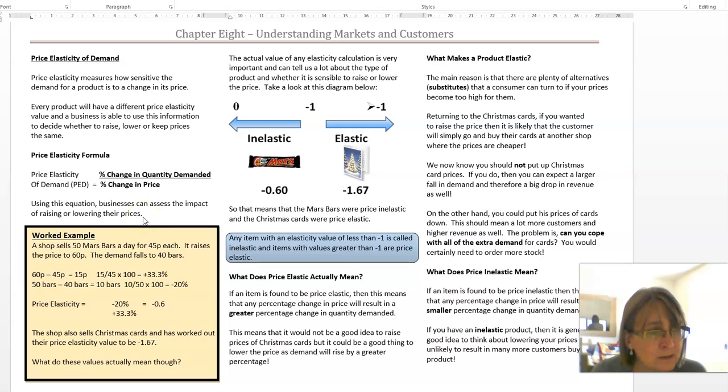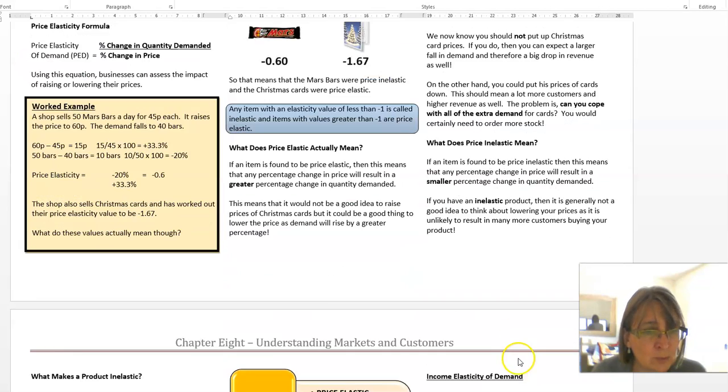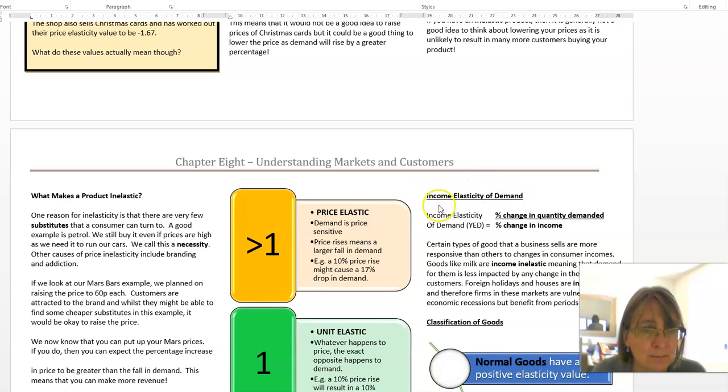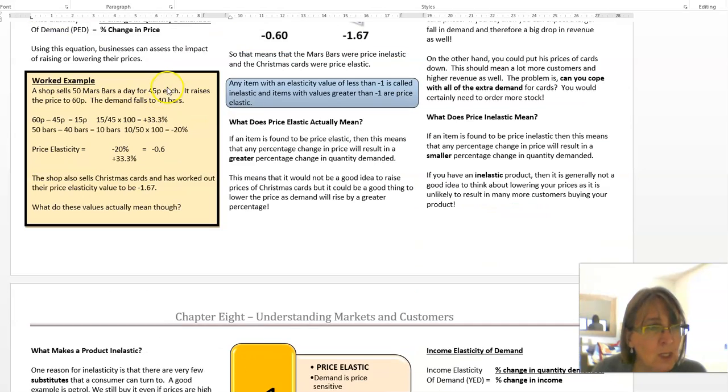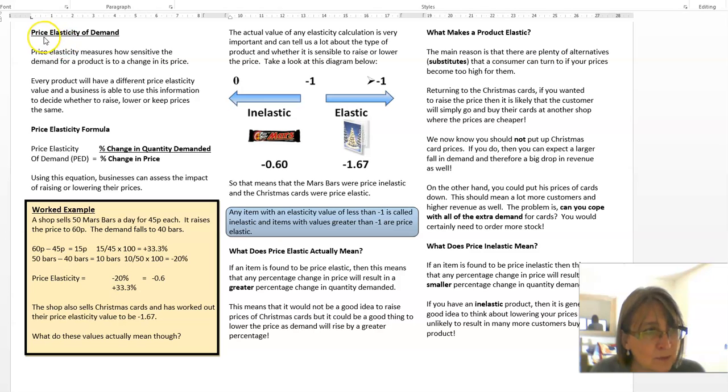One of the factors that we need to consider is whether people are less likely to buy our product if we increase the price of that good. So we're talking here about price elasticity of demand, and there is also, that we'll look at later, income elasticity of demand. With price elasticity of demand, we have the opportunity to decide whether or not to change the price.